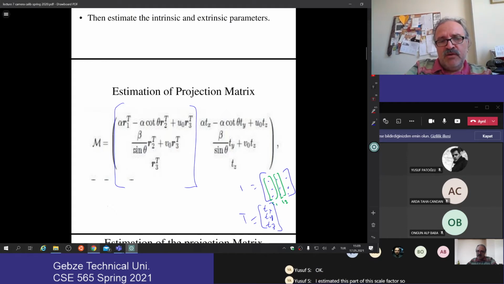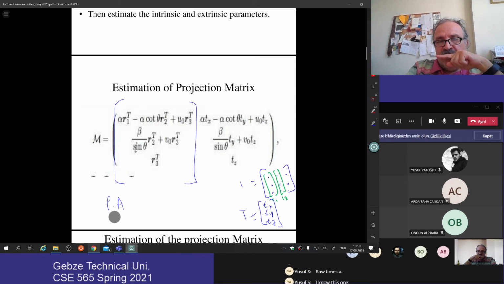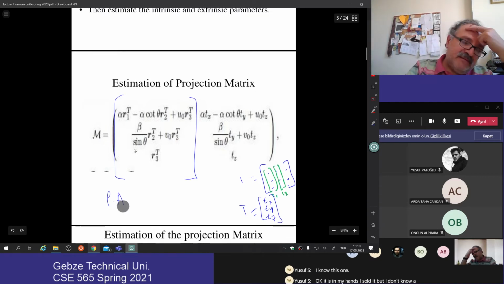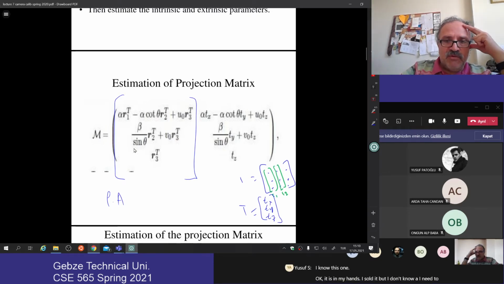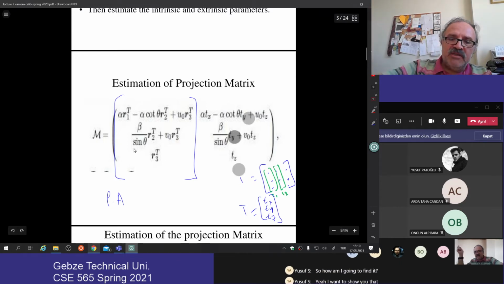So I know rho times A. It is in my hands. I solved it. But I don't know A. I need to find the A. So how am I going to find it? I'm going to show you in a few minutes. I didn't use this part yet. This is a 3 element vector.